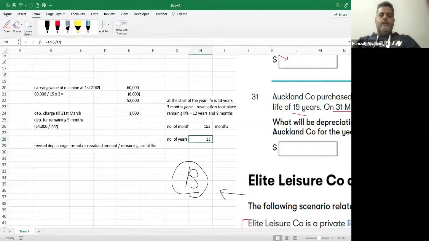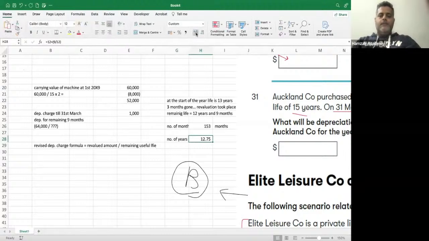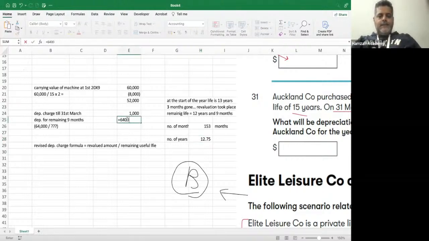It's not 13. I have this formatting over here. So this is gonna be 12.75, right? So I can either go for 12.75 years, or I can go for 153 months. Done. So over here, if I solve it, 64,000 divided by 153 into 9 months, I get 3765 over here.